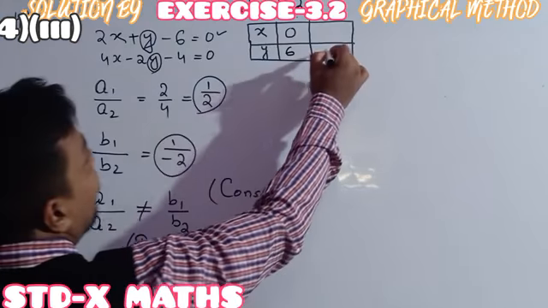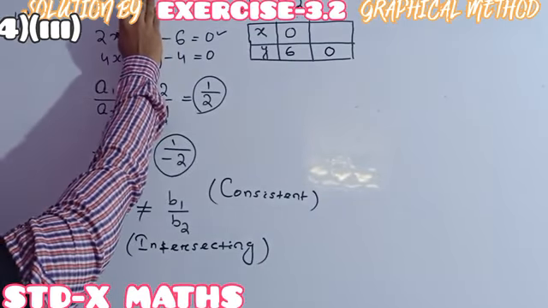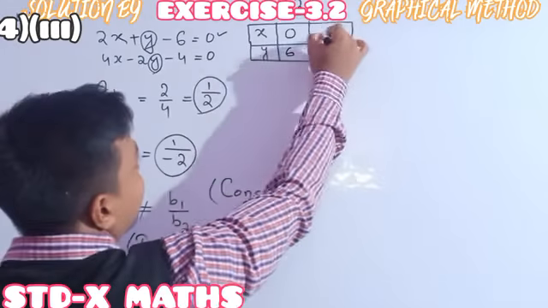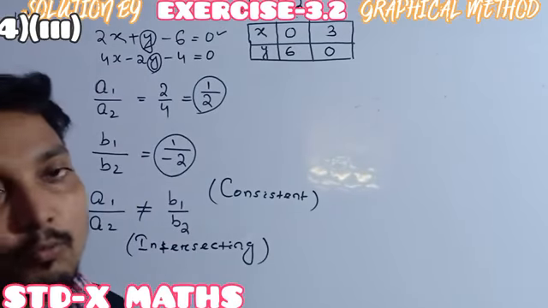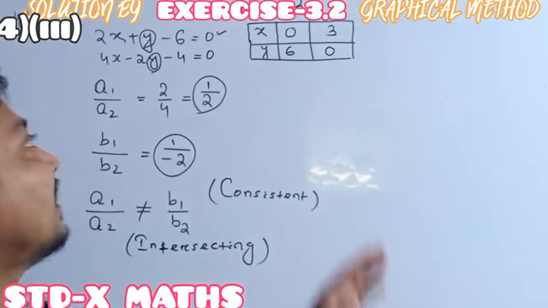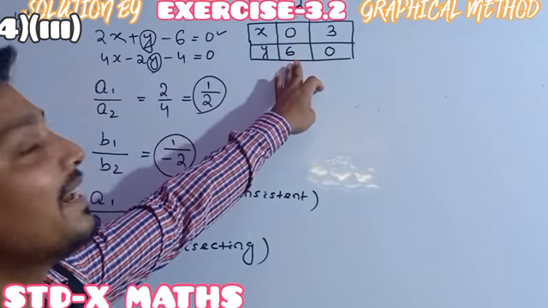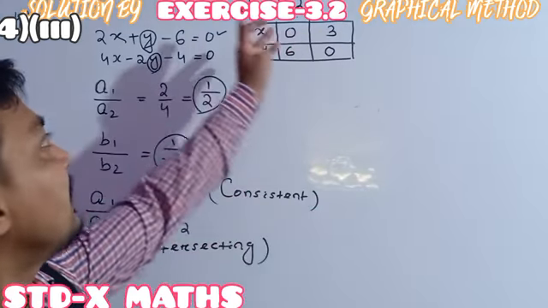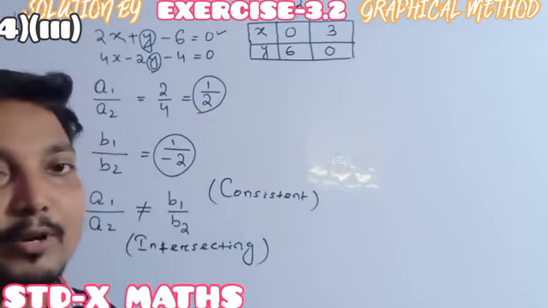And on putting y equal to 0, we get 2x equal to 6, which means x is equal to 3. From the table we get solutions which satisfy this linear equation. We have two points for drawing the line which represents it. We already got this one, it is one point, and this one is another point.